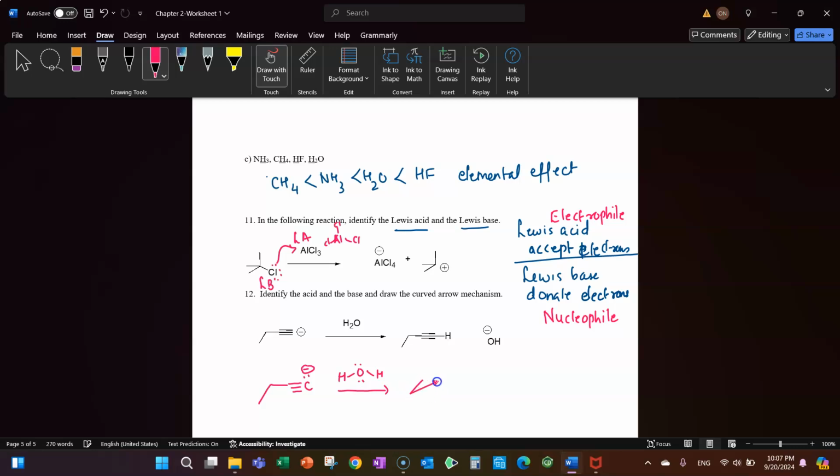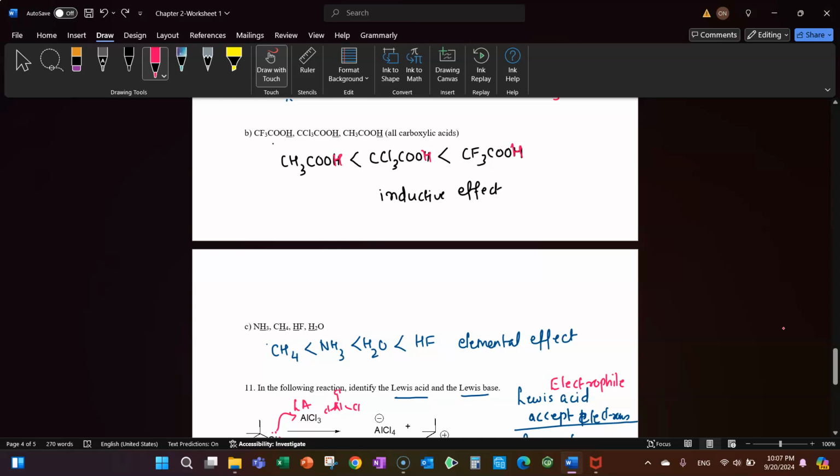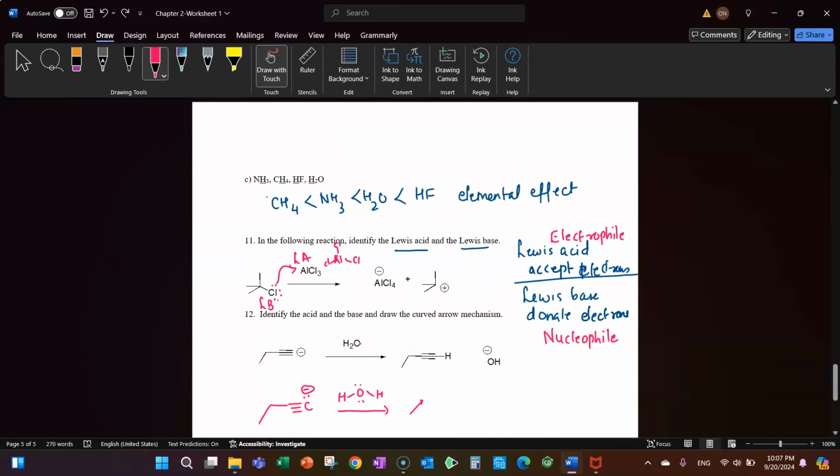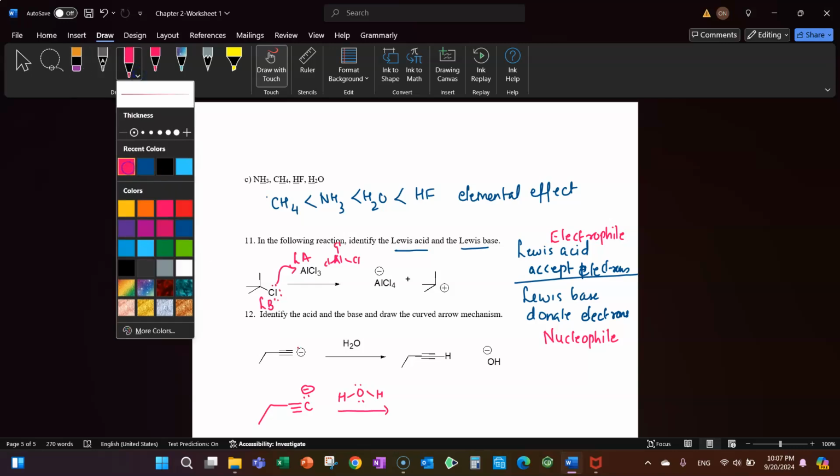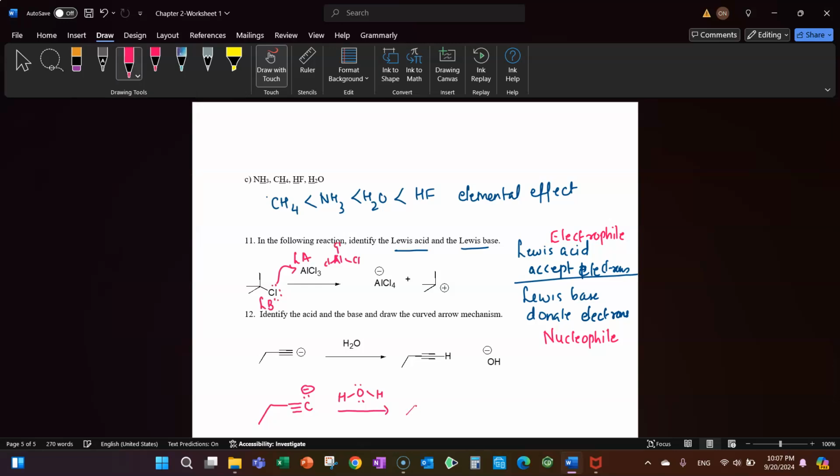And finally, your structure is where you have a triple bond, then connected to a hydrogen, and then OH. It's minus, that means you have lone pairs, and that's a negative charge.